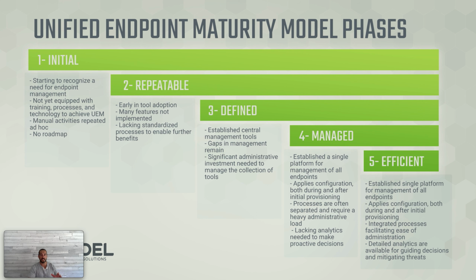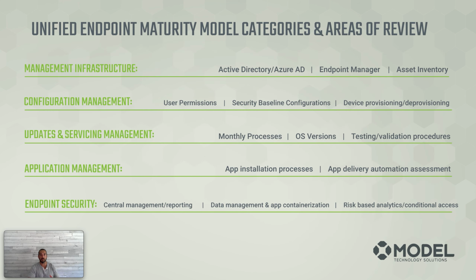So now we'll take a look at those phases and how they overlap onto categories for device management. We've defined 5 device management categories, including management infrastructure, configuration management, updates and servicing, application management, and endpoint security. Now each one of those topics themselves have a lot of different pieces to the puzzle underneath of it.